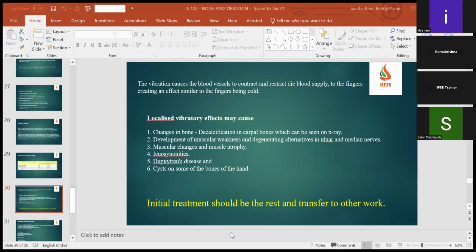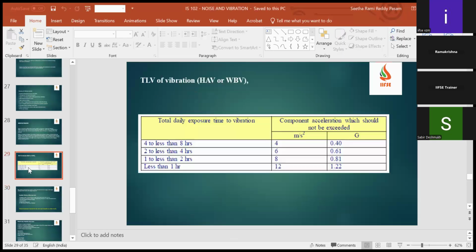Sorry, the previous slide, I was on mute. G is for the vibration unit, no, sir? If I'm not wrong, I think it is the acceleration unit. Yes, the left side is velocity and the right side, G, is acceleration. Acceleration, yes.